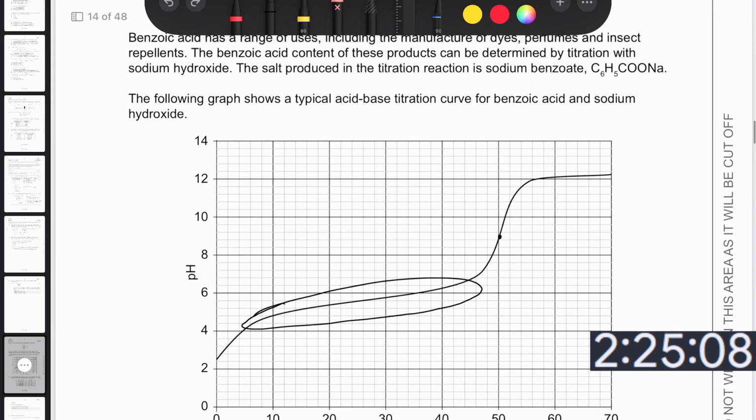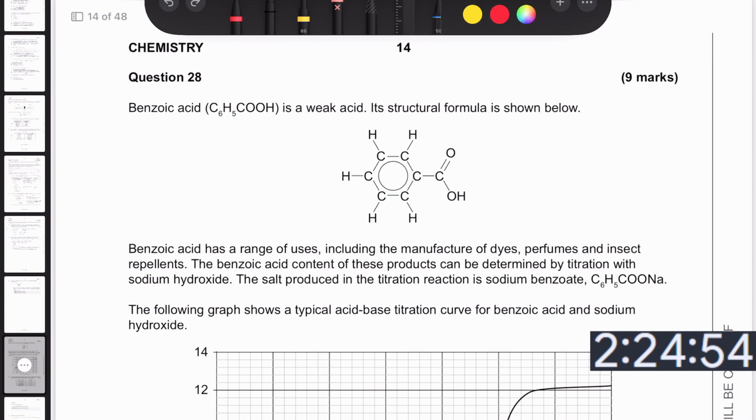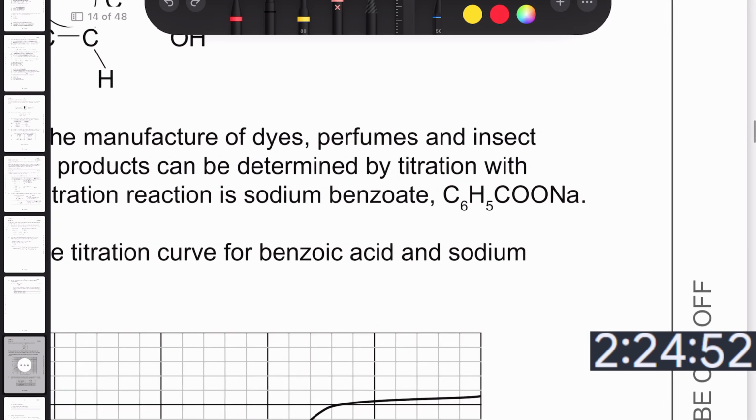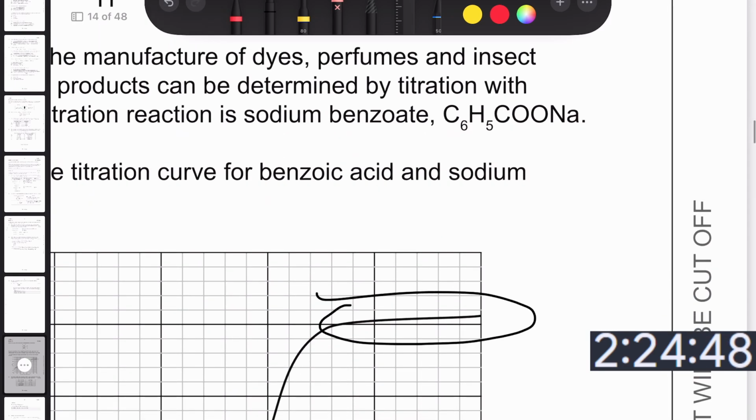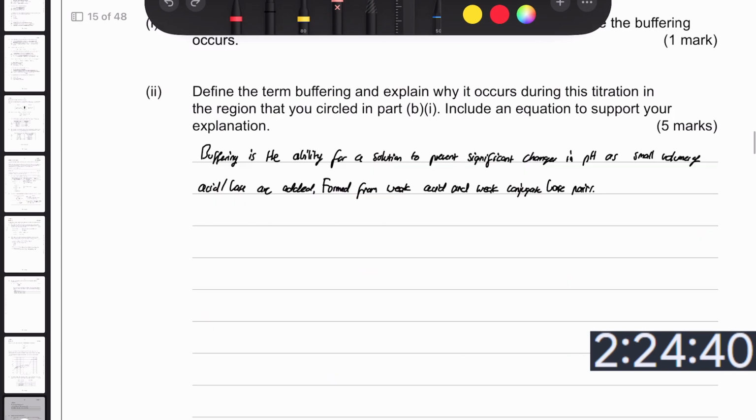I think it would be in this first region. Because here you would have some amount of this guy and the negative, because over here you're only going to have this, which is the negative ion, and obviously that can't form a buffer, so it would be this region.